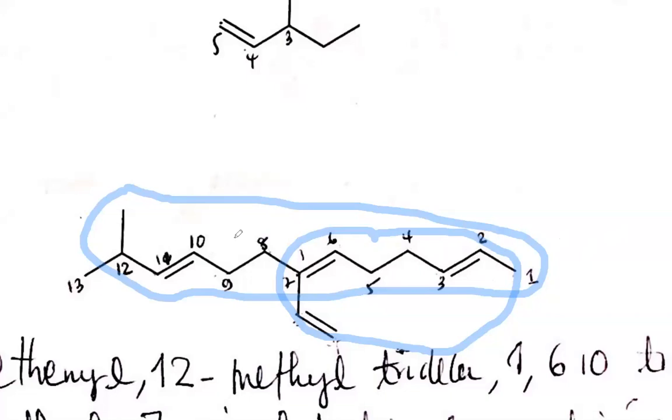So this becomes our longest chain and the one we are going to use for our principal chain, the suffix and other things. Why? Because it is the longest chain and contains the maximum number of multiple bonds. This one is short because it contains 9 and this one contains 13. So 13 is more and 9 is less.